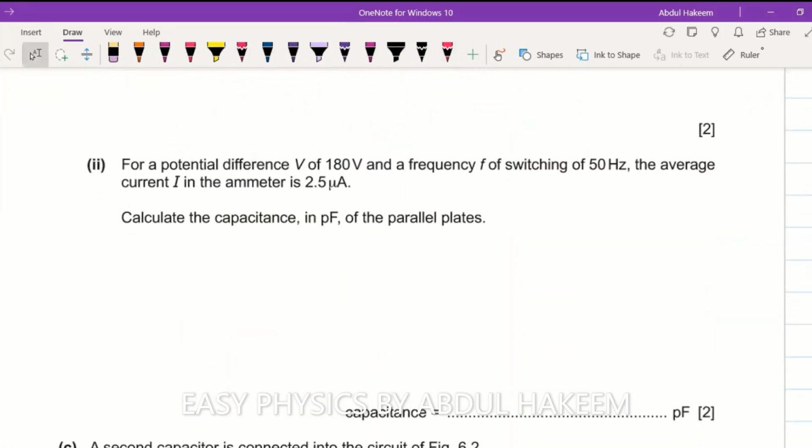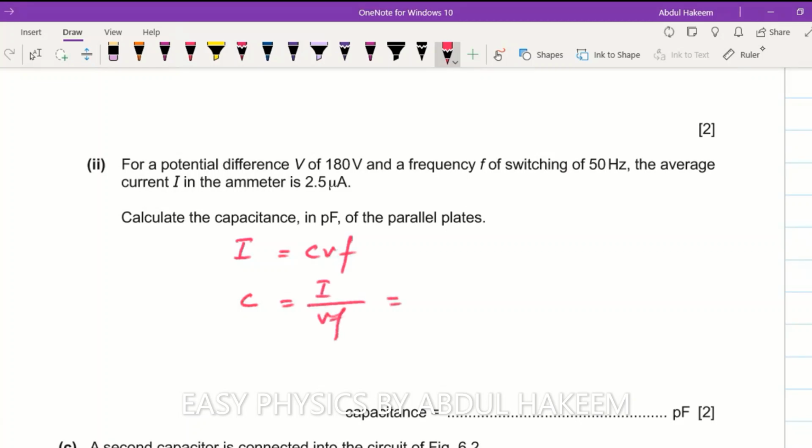For a potential difference V of 180 and a switching frequency of 50 hertz, the average current I in the ammeter is 2.5 microampere. Calculate the capacitance in picofarad. So, same formula, I is equal to CVf. The capacitance is required, so C is equal to I divided by Vf.